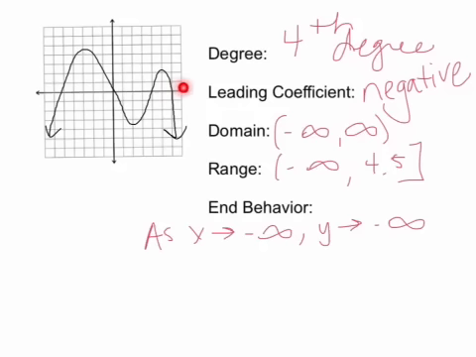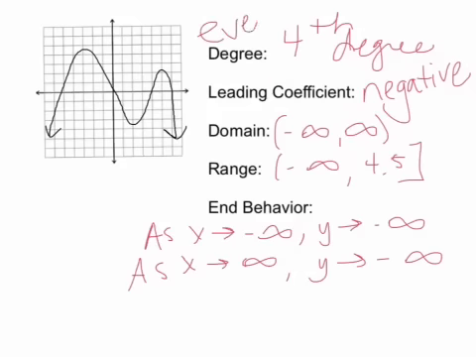As x approaches positive infinity, my graph's going towards negative infinity. We said even degree polynomials. All you really need to be able to say is this is even, not even 4th degree. Because it's even, we know that the end behavior must be the same, so they should both be going towards negative infinity.